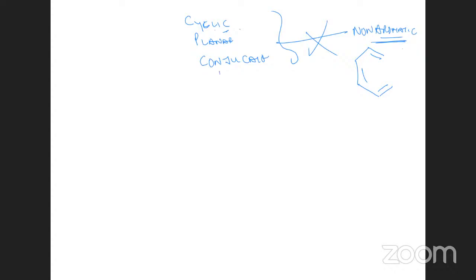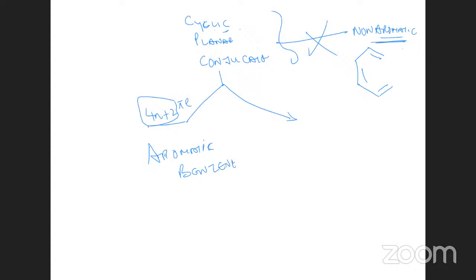But if they fall into this category, and if they have 4n plus 2 pi electrons, when you calculate the number of conjugated electrons, and it matches this rule, Huckel's rule, then they are aromatic. Benzene. But if they don't fall into that category and it has only 4 pi electrons, then they are anti-aromatic.